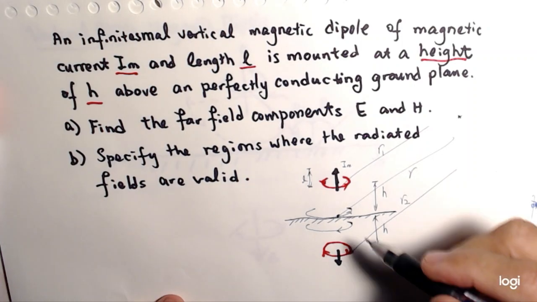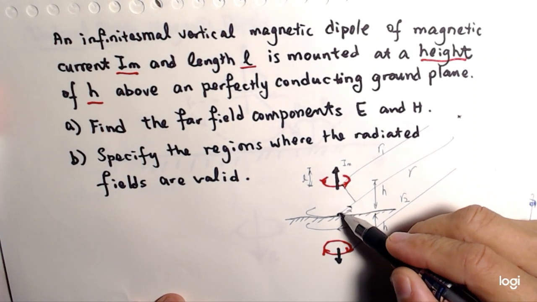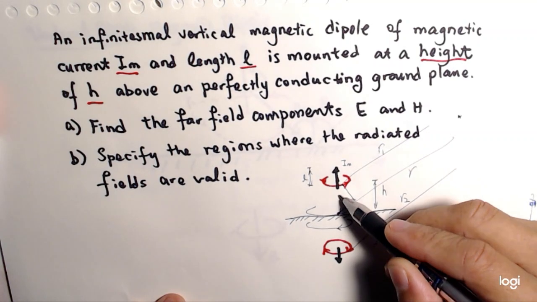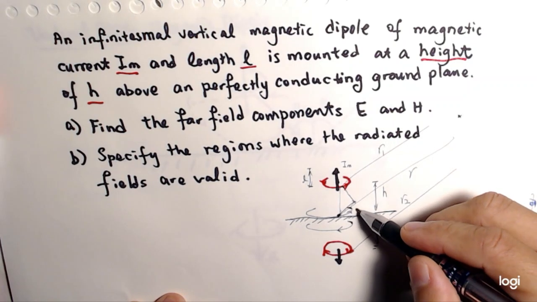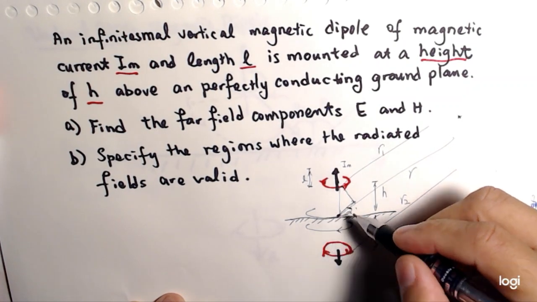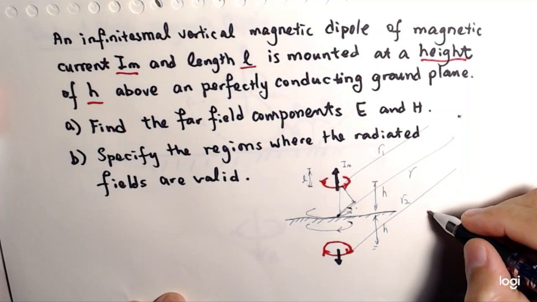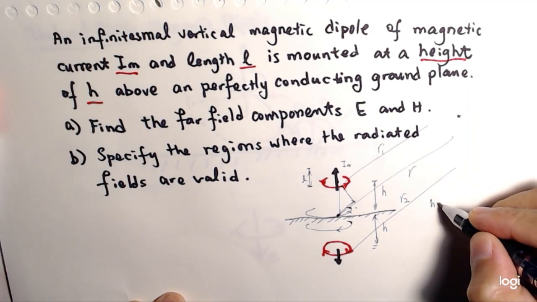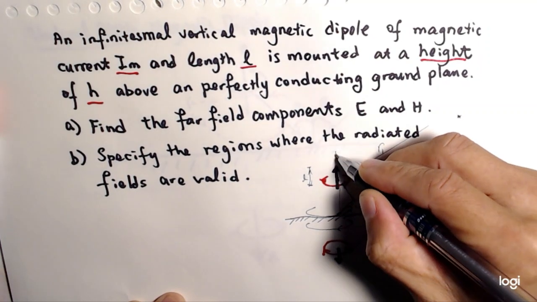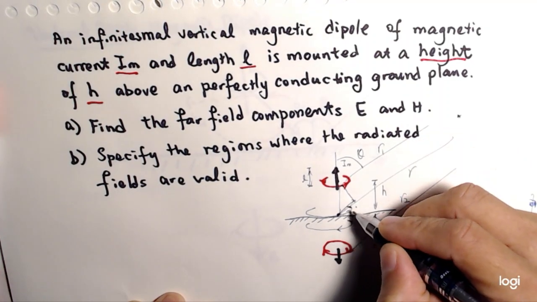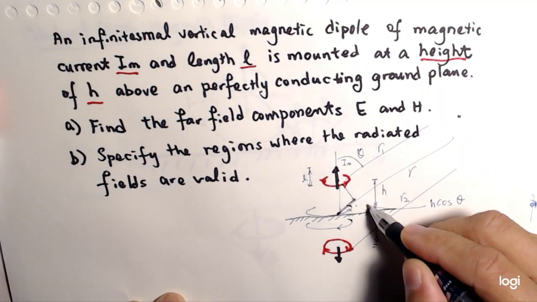So I can quickly say that there's a path difference. Based on the information here, it should be h cosine theta, if theta is the angle here.